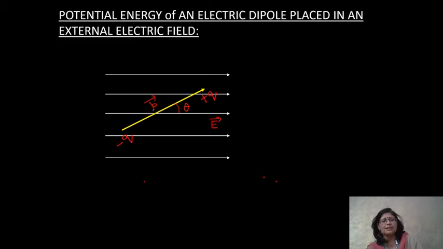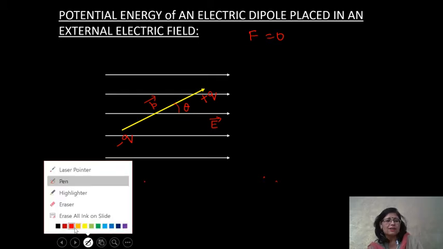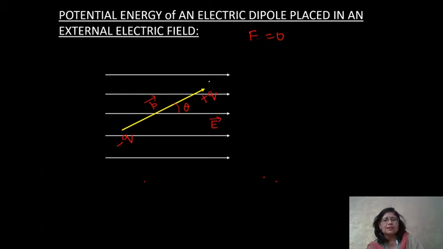Electric dipole having dipole moment P, which is situated at an angle theta from E. Now students, since we have already learned that the net translational force on the dipole is 0, only torque is applied on this dipole. And what is the tendency to rotate this dipole by the torque? That is clockwise.